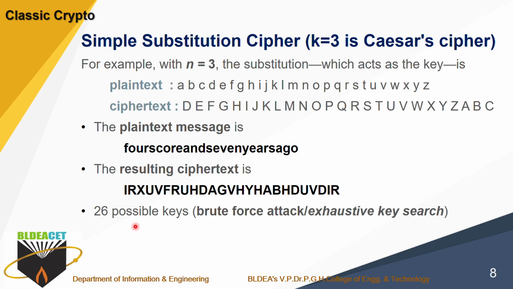So that's why this method is not good, because it is easily attacked by a brute force attack or exhaustive key search attack. If you try sequentially, you can easily break the secret key. This is the drawback of the simple substitution cipher. Is it clear now? Okay, thank you.